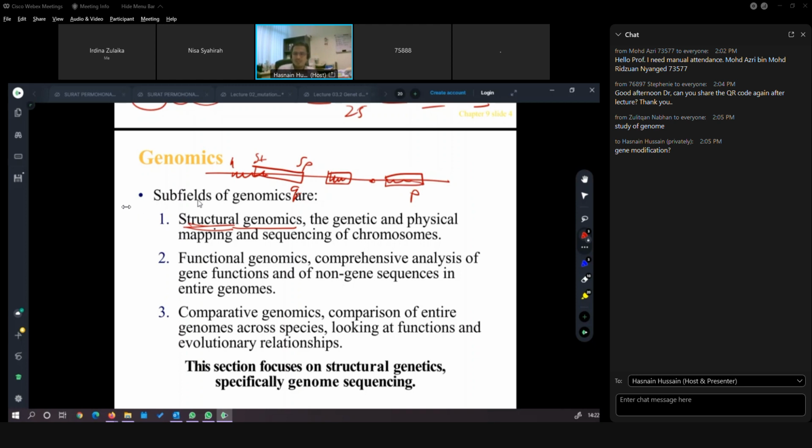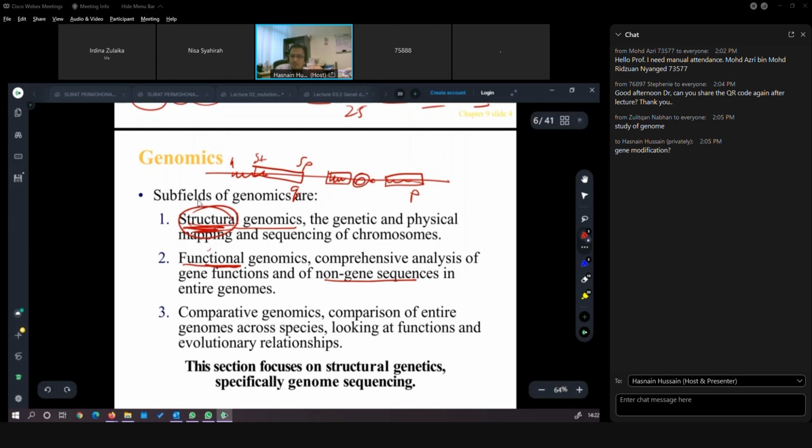And then functional genomics is another one. One is structural, the other is functional genomics: comprehensive analysis of gene function and non-gene sequences in the entire genome. As the name implies, it relates to the role of a particular sequence on the chromosome. For example, for this area, what is the role?